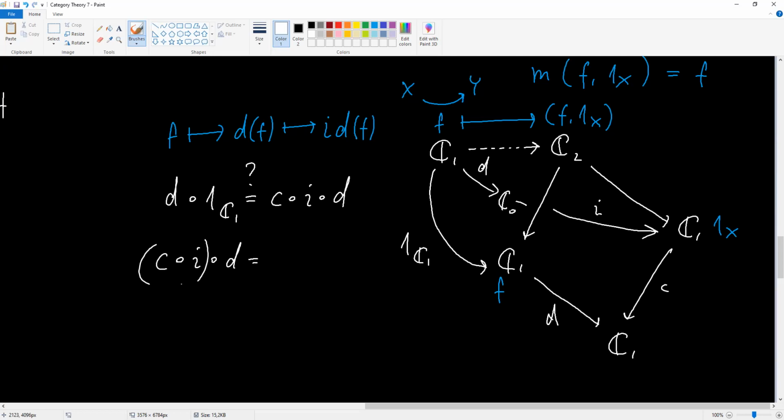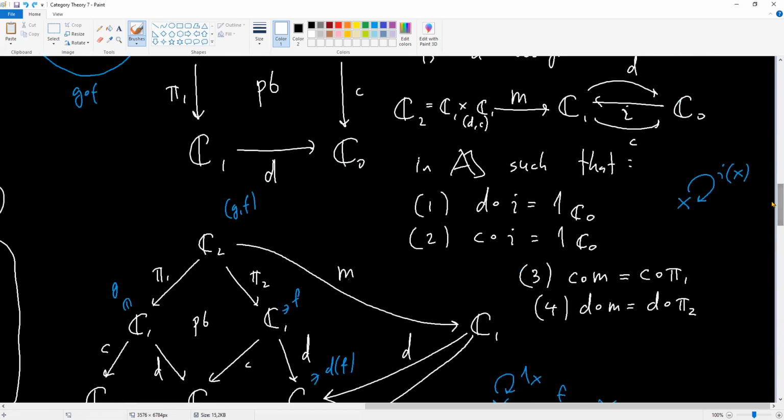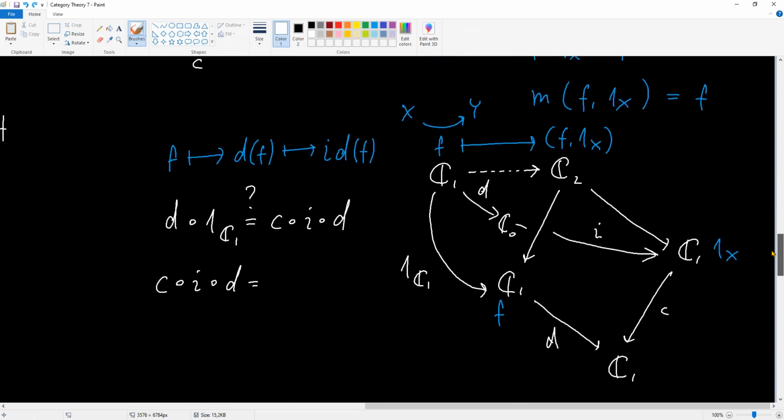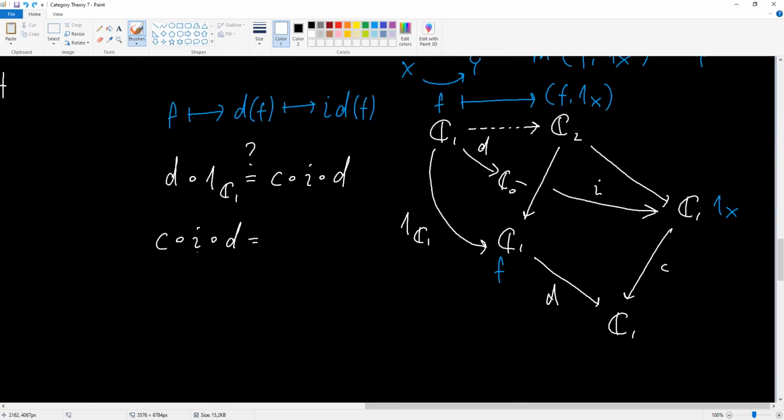What is C composed with I? C composed with I is identity. Remember, I will be selecting the identity morphism of an object, and then C will be taking its codomain, which is the same as the object itself. So this composite is identity. It's the identity of C0.